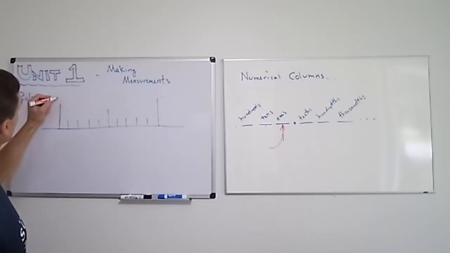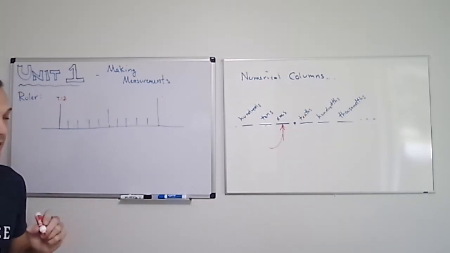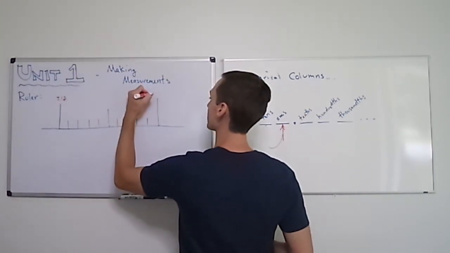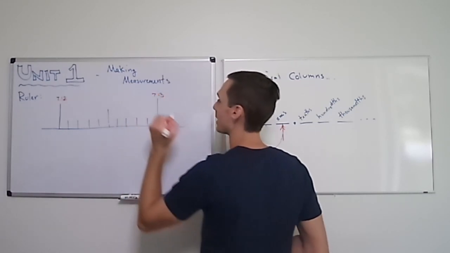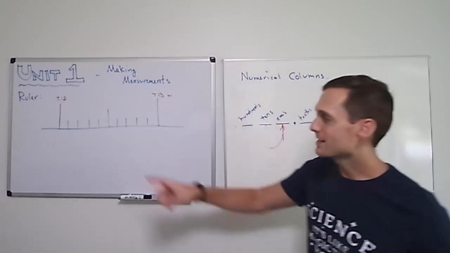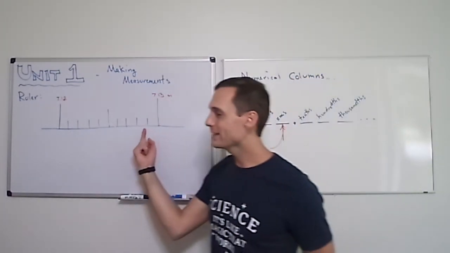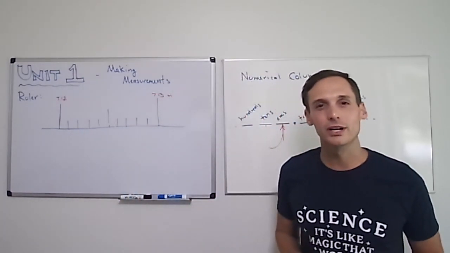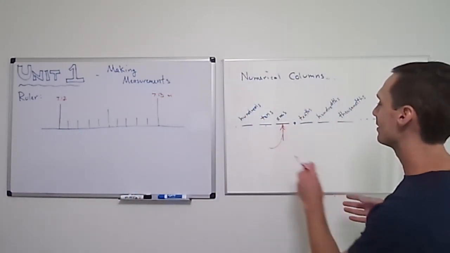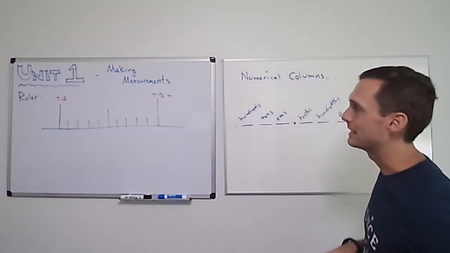Let's say this is 7.12. This is 7.13 meters. Okay, 7.12 and 7.13. So what does each little tick mark represent here? What column does this fall into?